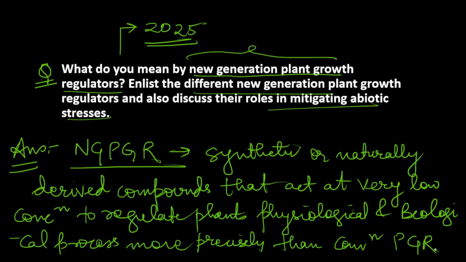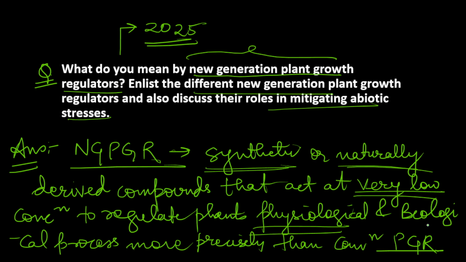The conventional PGRs, that is auxin, gibberellin, cytokinins, these are conventional PGRs. And these new generation PGRs can be derived from either synthetic compounds or naturally occurring compounds that act at very low concentration. They regulate plants' physiological and biological processes, and they are more precise than conventional PGRs.